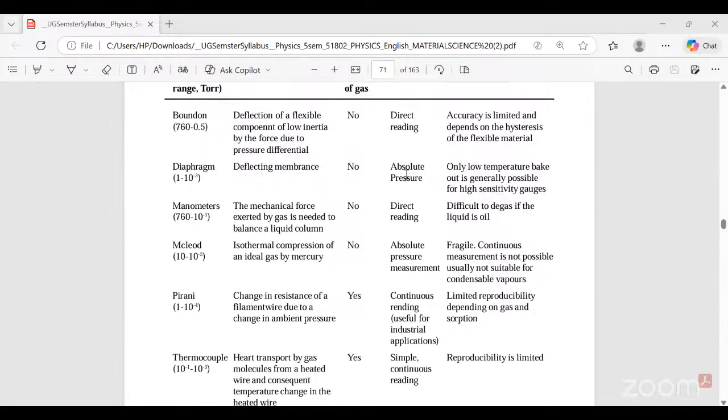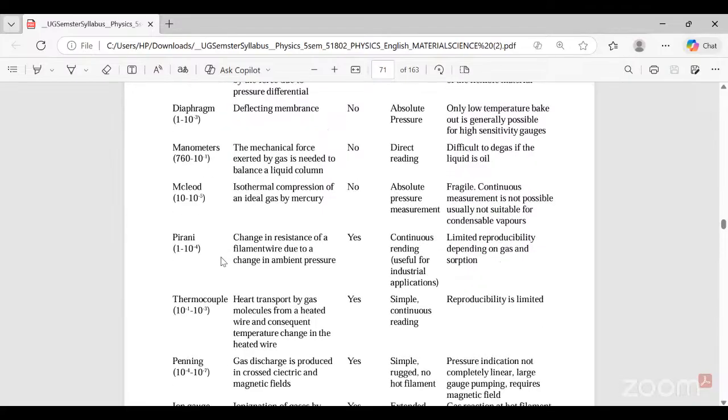Manometers: the main principle involved is that the mechanical force exerted by the gas is needed to balance the liquid column. Direct reading can be taken, but the disadvantage is that it is difficult to gauge if the liquid is oil.